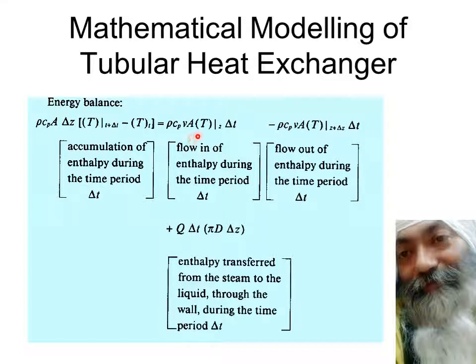But the point to be noted is that the numerator will be delta capital T and the denominator will be delta Z. You will have delta Z over here because you are dividing the entire equation by delta t and delta Z. This delta t will get cancelled, and in the denominator you will have delta Z. If you are able to understand what I'm trying to do, you will have a direct visual expression in the coming slide. But instead of asking where has this come from, you better understand what we are going to do in the next slide.